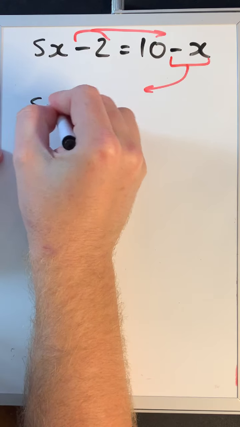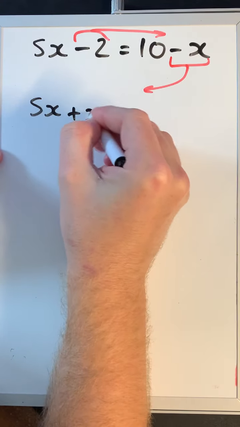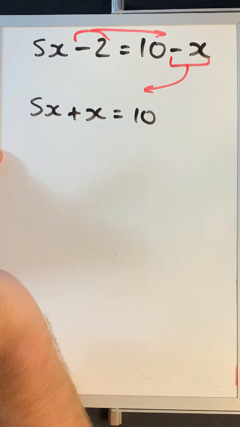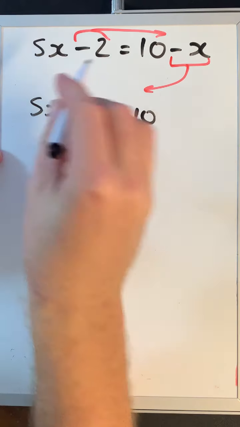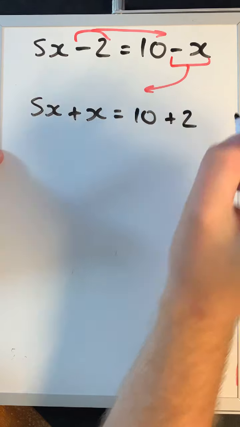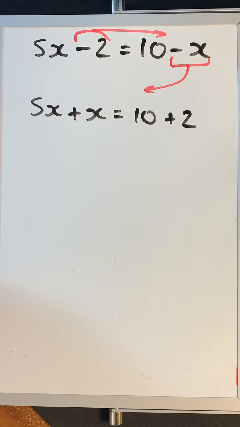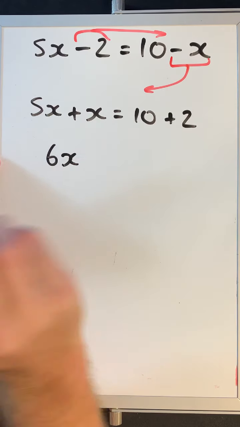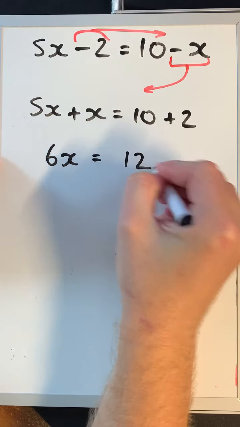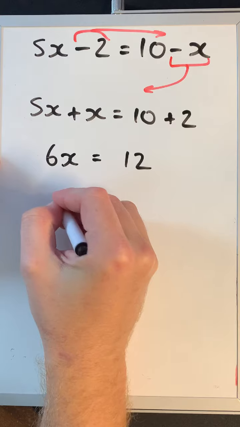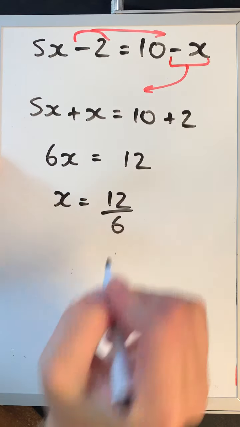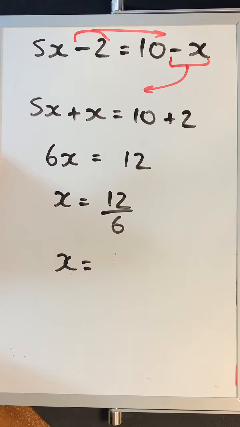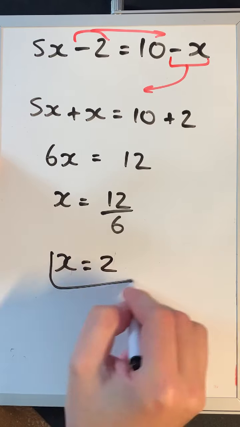So we're left with 5x, and this becomes a plus x. 10 stays on the right hand side, of course. Minus 2 comes across to the right and becomes a positive. So we've got 10 plus 2 on the right hand side. On the left, 5x plus x is 6x. 10 plus 2 is 12. 12 over 6 will give us 2.